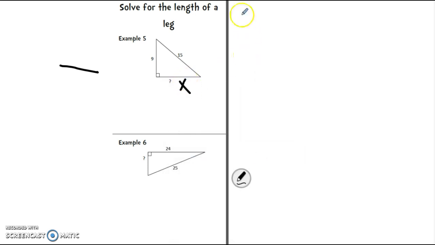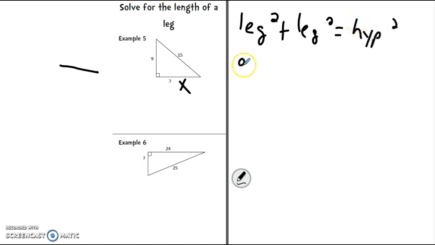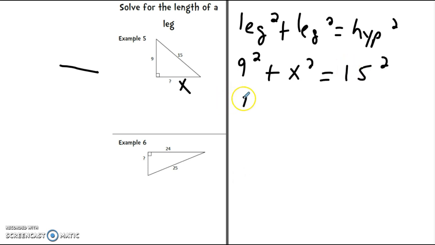So that's my x. So if I have leg squared plus leg squared equals hypotenuse squared, I'm going to have 9 squared plus x squared equals 15 squared. So this is 81 plus x squared equals 225.